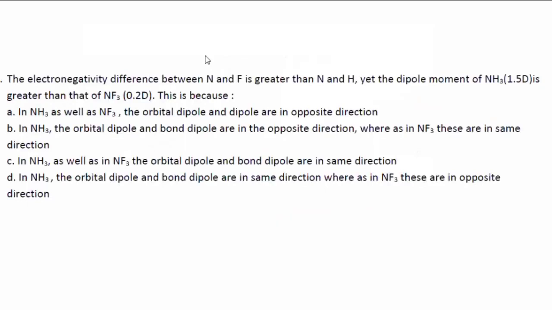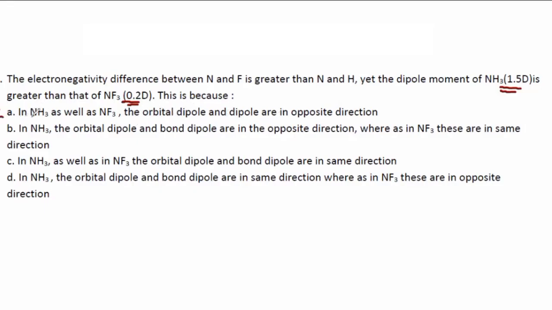Next question. The electronegativity difference between N and fluorine is greater than N and H. Fine. Then the dipole moment of ammonia is 1.5 D and that of NF3 is 0.2 D. That we all know. We already discussed this question in the theory. In NH3 and NF3, the orbital dipole moment are in opposite direction. That's wrong.